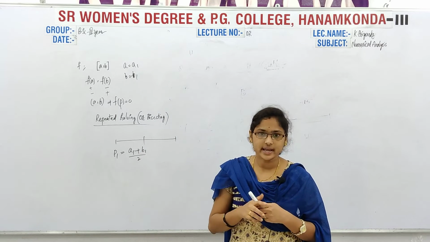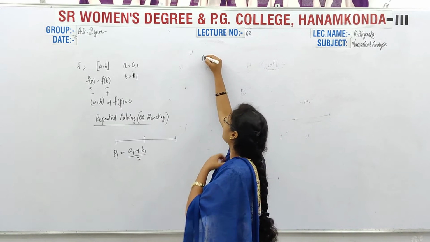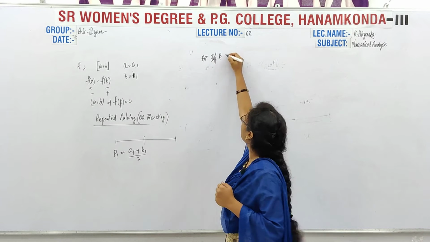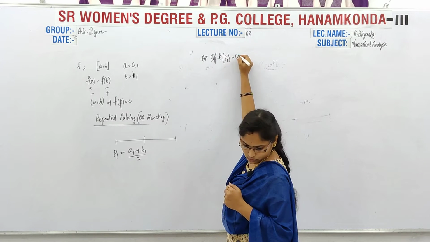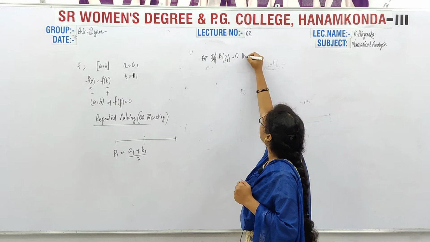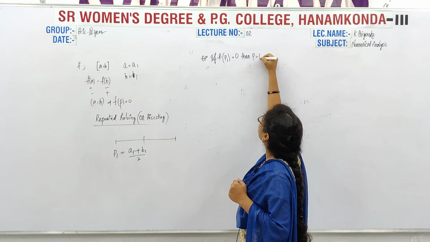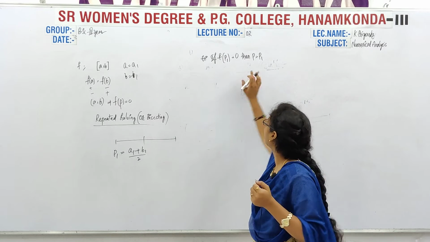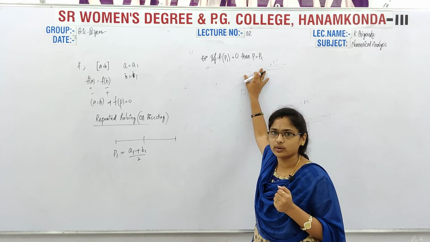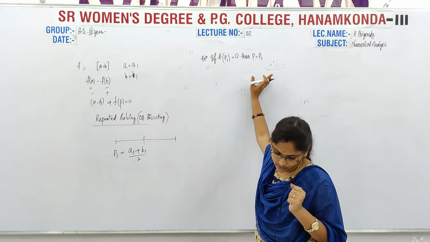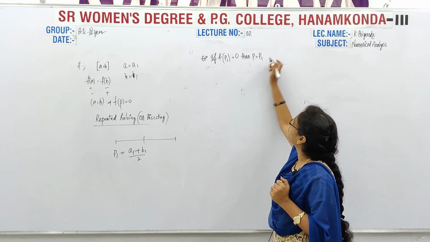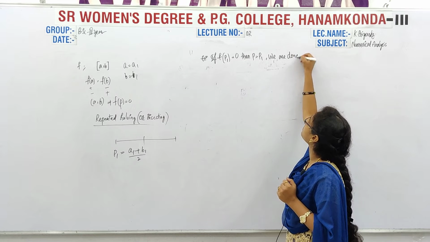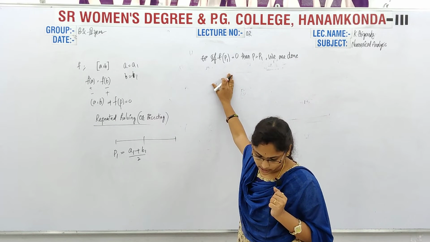And next line, these are main points. If f of p1 equal to 0, then P equal to P1. That means that is a required root. We are done. So you can stop the procedure if you get like this. Next point write down.